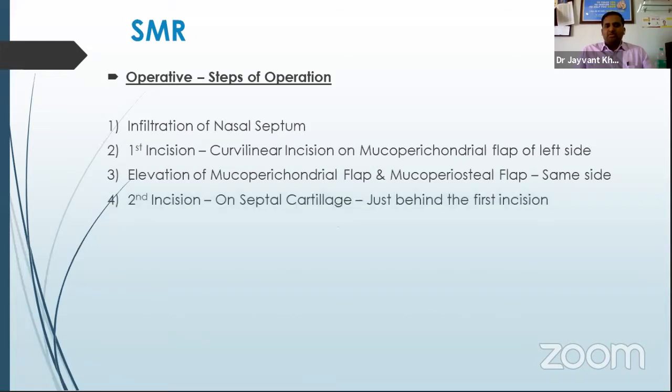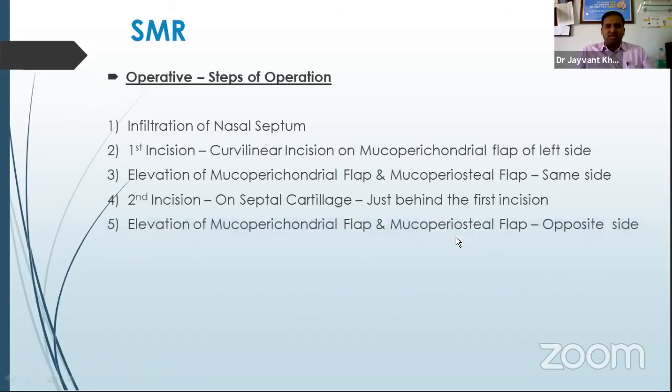Then second incision. Site of second incision is on the septal cartilage just behind the first incision. Okay, first incision is just behind the caudal end, and second incision is just behind the first incision. First incision site is mucoperichondrial flap and second incision site is septal cartilage.